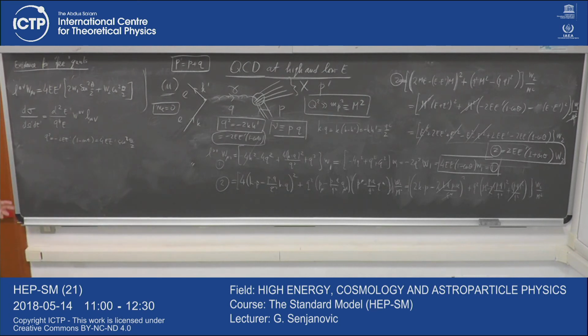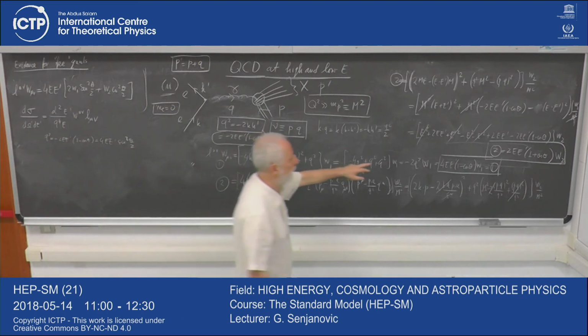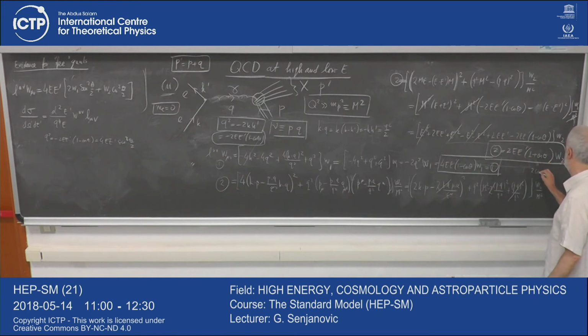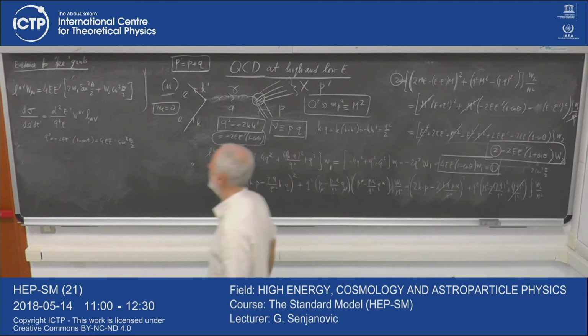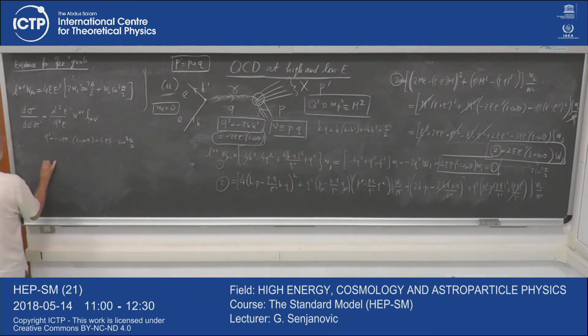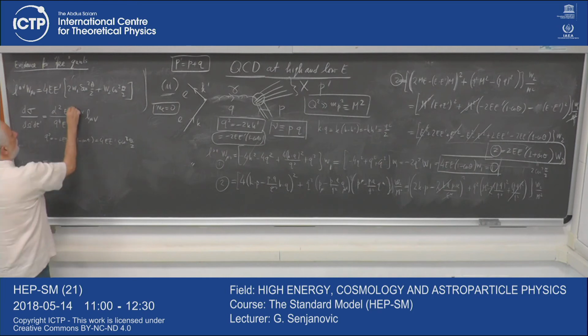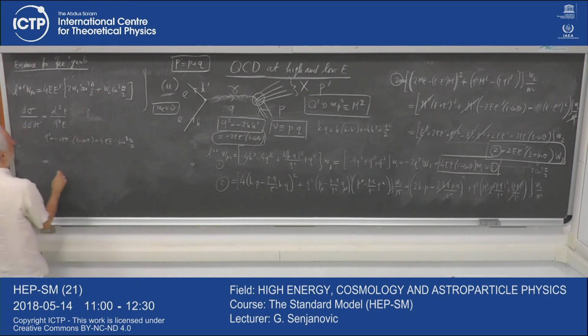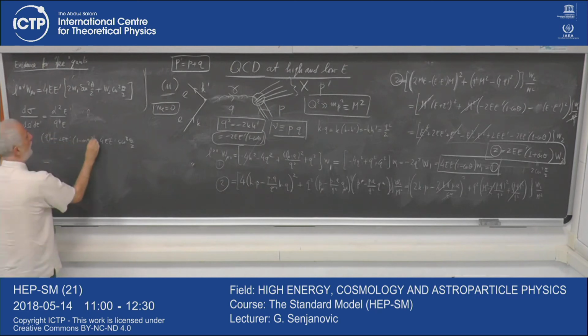Right, 1 minus cosine theta is 2 sine squared theta over 2, and 1 plus cosine theta is 2 cosine squared theta over 2. So q to the fourth is going to be d square.